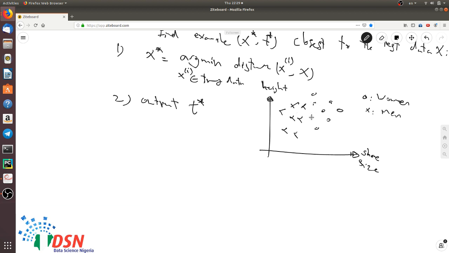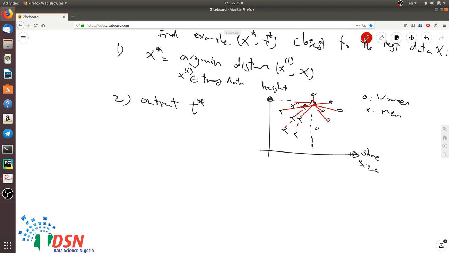And now we know a new shoe size and a height, and now we want to know whether this data is woman or man. Okay, let me show that we have a triangle in here. For this, if you want to use the nearest neighbor, it says that you should calculate the distance between all of these and the test data and all of the training examples.